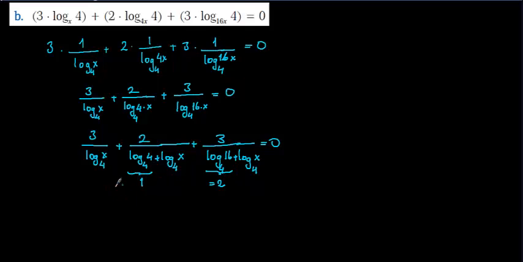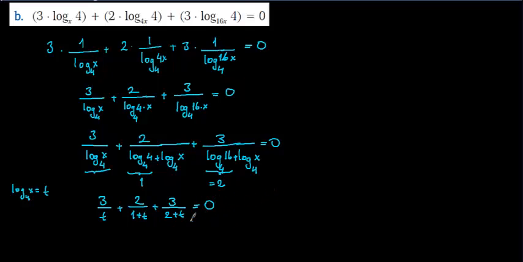Instead of logarithm base 4 of x, I want to substitute t. Then we make the t substitution here: 3 over t plus 2 over 1 plus t plus 3 over 2 plus t should be equal to 0.